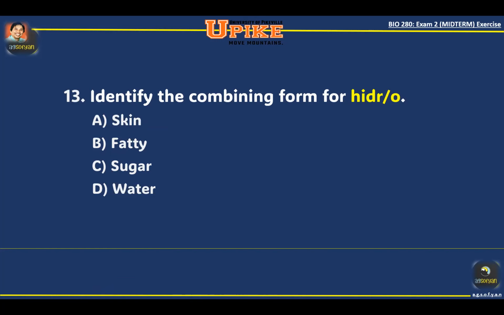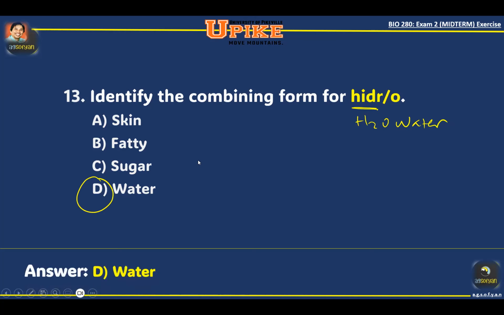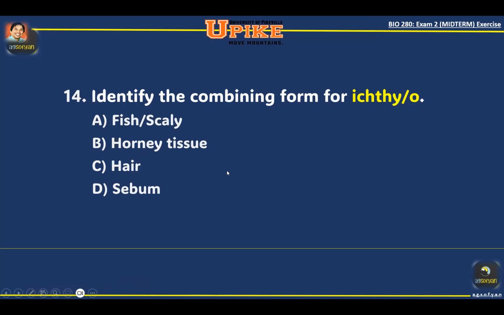Identify the combining form of hydro. Hydro, as we know, means water. So hydrology is the science of water. So the answer will be water. Identify the combining form of ichthyo.